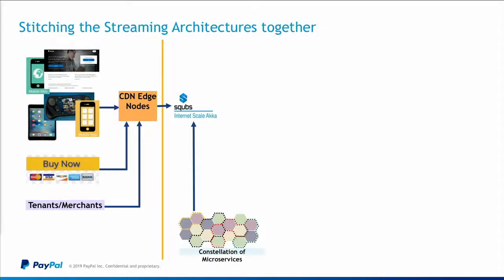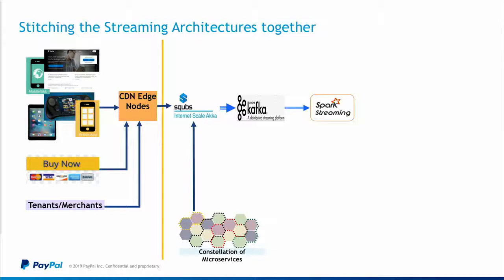We have the data coming from a constellation of microservices. So any request, any user interaction needs all the processing that's done in the backend by the services. So they also send data back to us. All of this data is written to Kafka, post-enrichment. A streaming process works on top of it, pumps it to Druid.